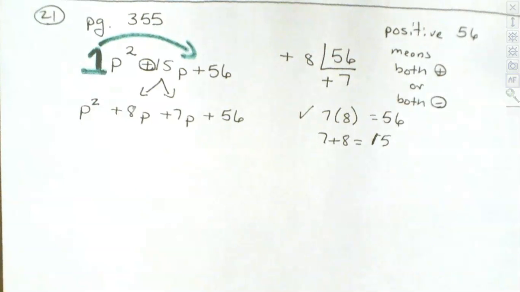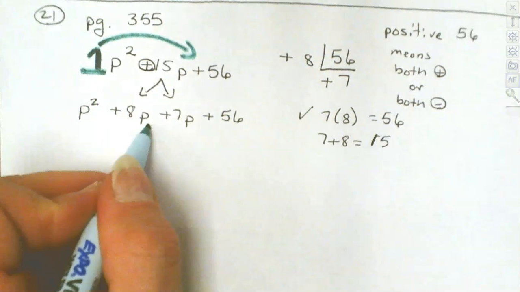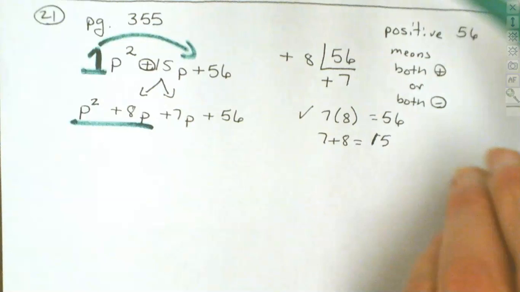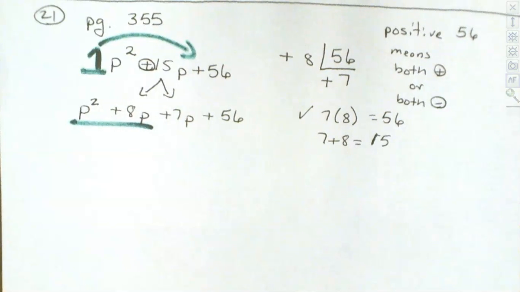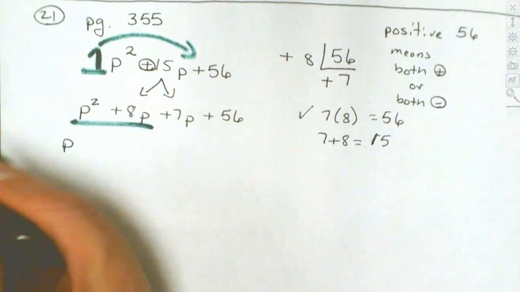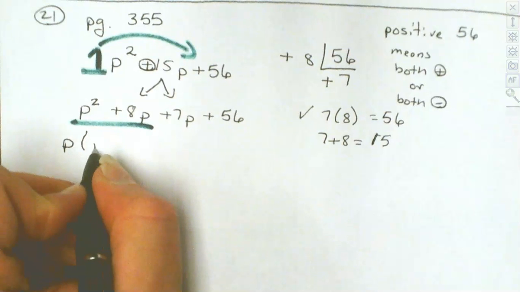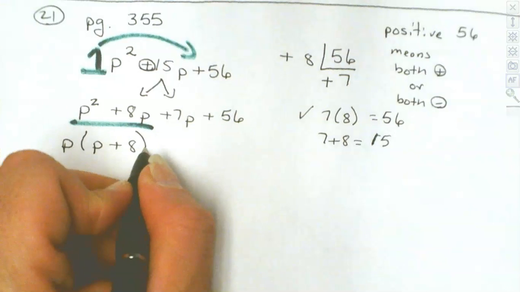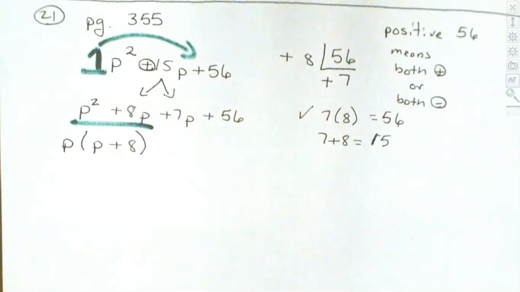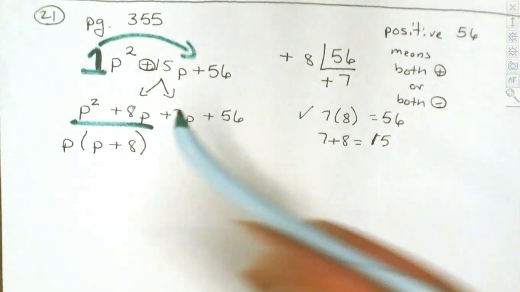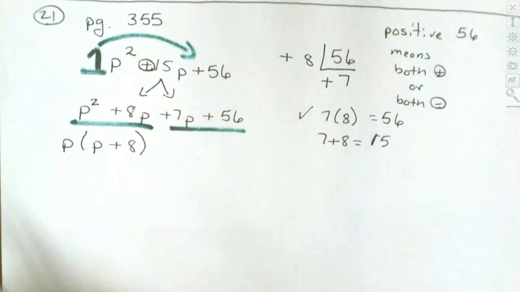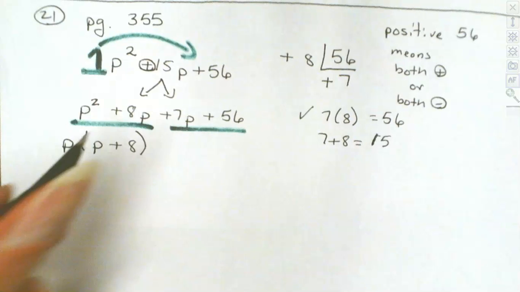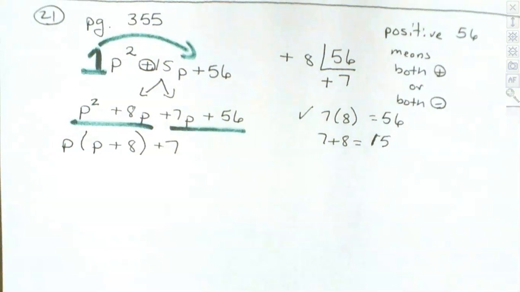Now we factor by grouping. So the first two pieces, we can factor out a p. And what's left over? P plus 8 is what's left over. The next two pieces, what do these have in common? Well, 56 and a 7, they have a 7 in common.